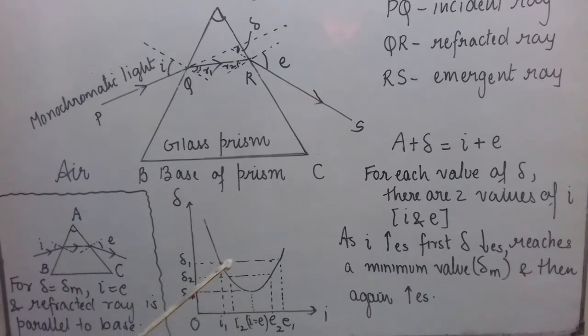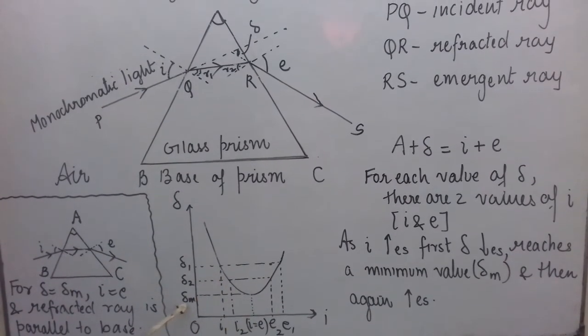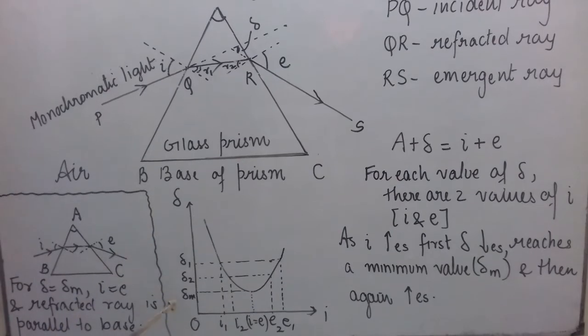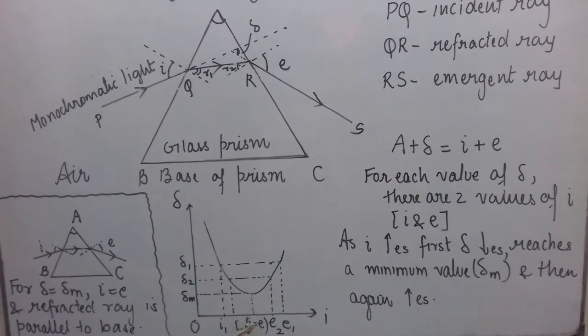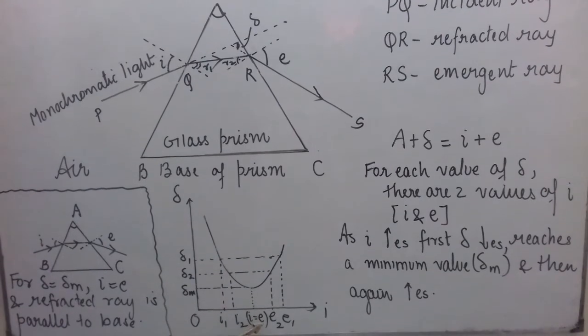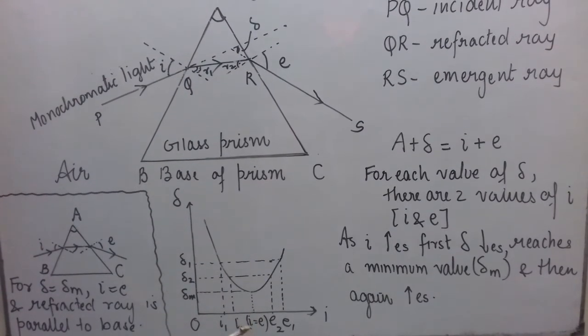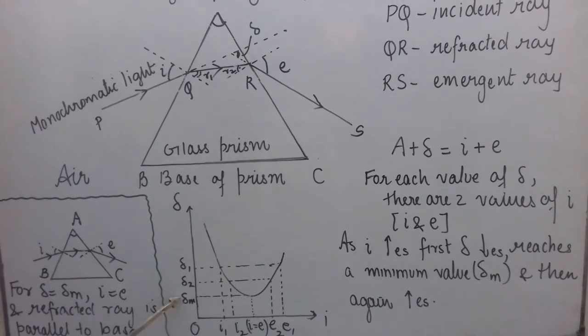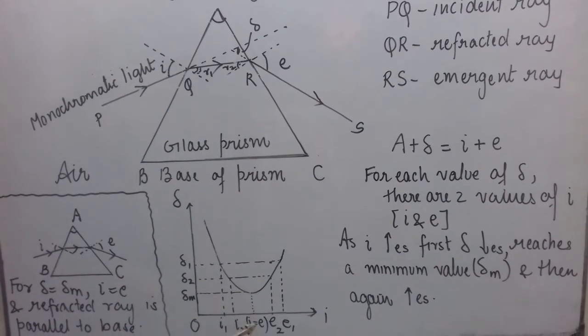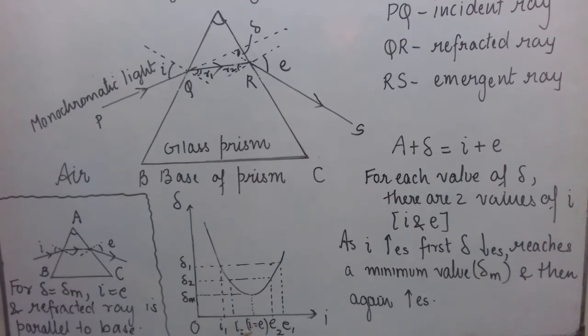So from the graph I get the condition for delta M. We can say delta is minimum when the angle of incidence and angle of emergence have the same values, or they are equal. So we have got one condition. If I ask you for the condition for angle of minimum deviation, you can say it is the case when the angle of incidence and angle of emergence have equal values.